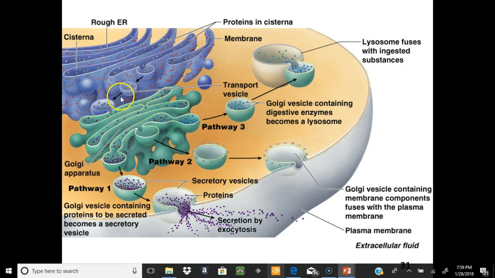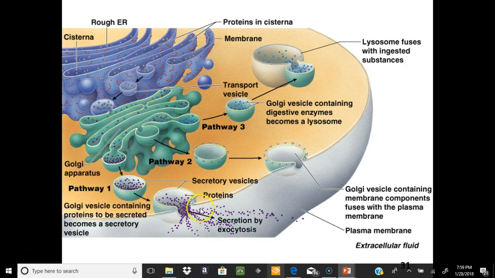So here we have the rough ER, and here's the Golgi. So proteins come from the rough ER, they enter the Golgi, and they move, and then depending on the function, a portion of the Golgi will bleb off, forming a vesicle.